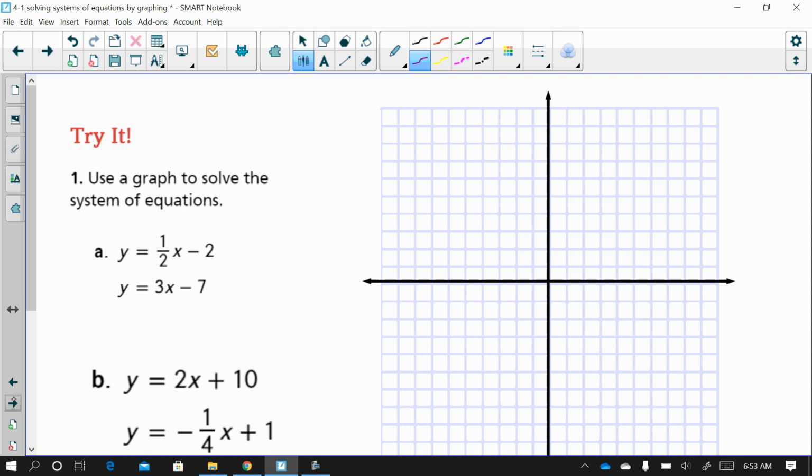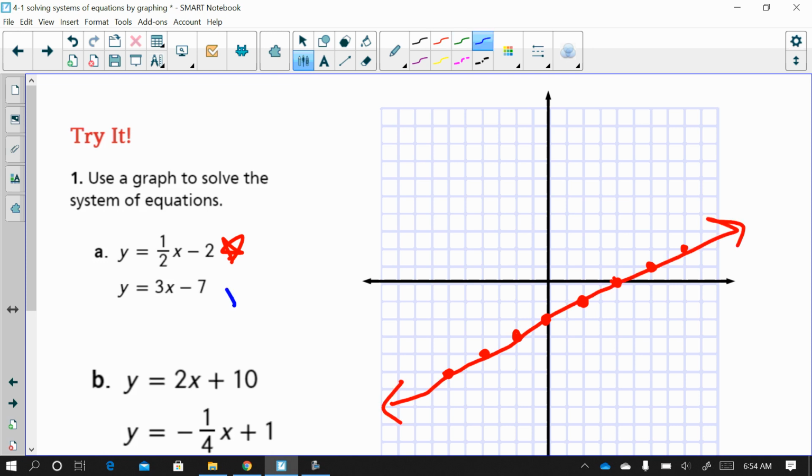Okay, your turn. Please pause the video and try number 1, letter A. Okay, so I'll do my first line here in red. So negative 2. Okay, slope of 1/2, up 1 over 2, up 1 over 2. Keep going. Okay, I could go down 1, left 2. Okay, there's my line.